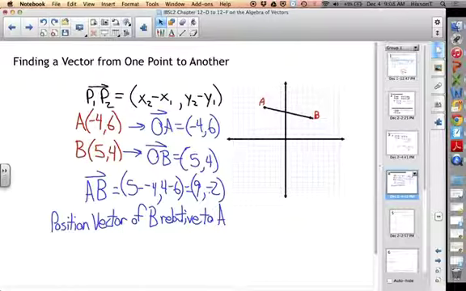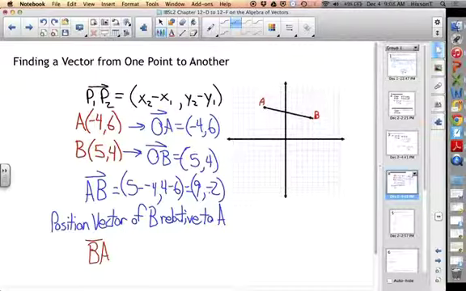Now, just for some extra practice, what would vector BA equal? BA is the same magnitude but the opposite direction, right?